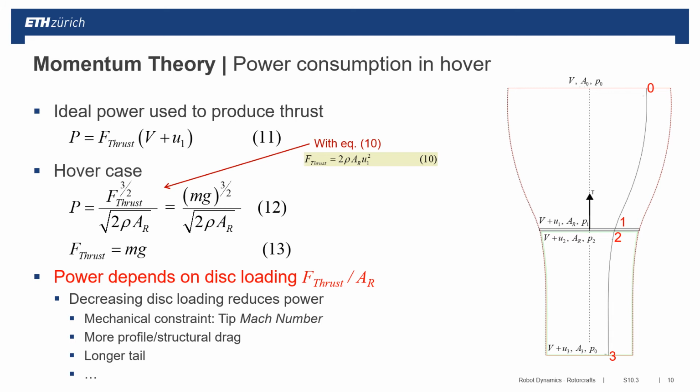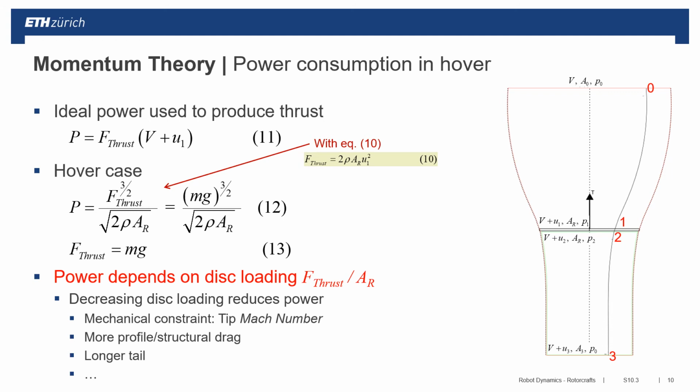But of course, you have some mechanical constraints. The bigger the propeller becomes, the closer you get to max speed at the tip of the propeller. This is the reason why standard helicopters, big human-carrying helicopters, are getting close to the Mach speed at the tip of the blade.